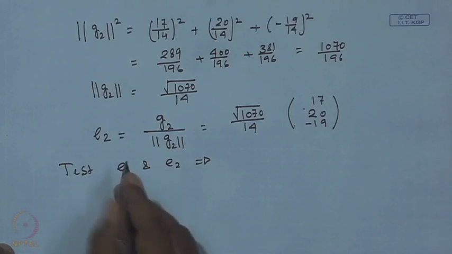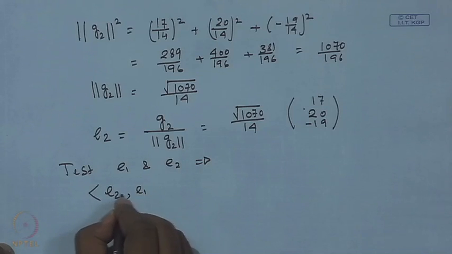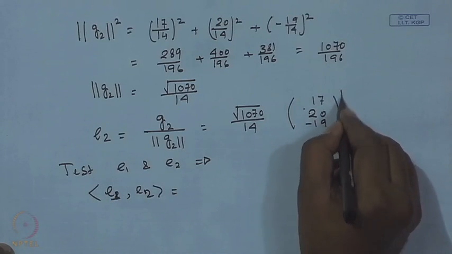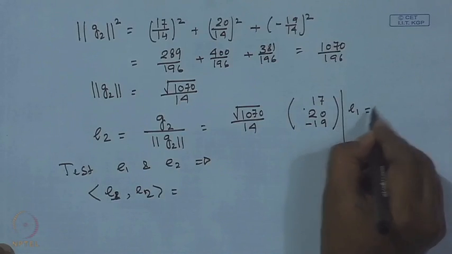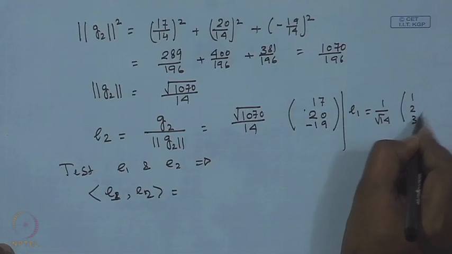So, if you take the inner product of E2 and E1, so this is E2, and if you write E1 just next to it, this becomes 1 over root 14, 1, 2 and 3.